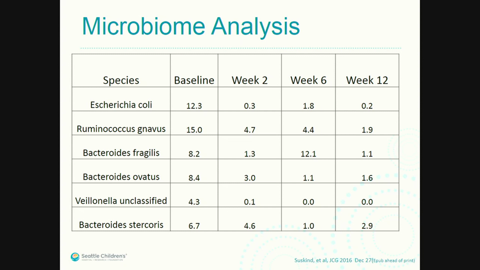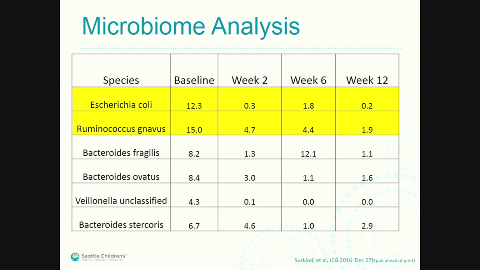And so we did a prospective study here at Seattle Children's where individuals who had active IBD went on to the SCD. And this is just one of the patients. What we saw for this patient was at baseline they had a large amount of something called E. coli and Ruminococcus gnavus, two organisms that are implicated in IBD.